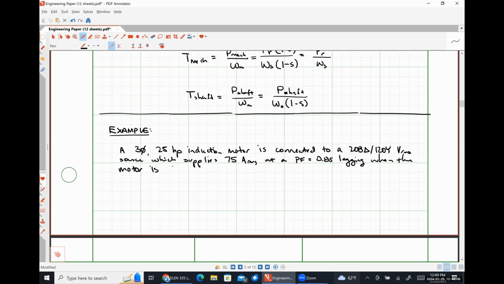When the motor is fully loaded, its stator and rotor copper losses are 1,867 watts and 650 watts, respectively.